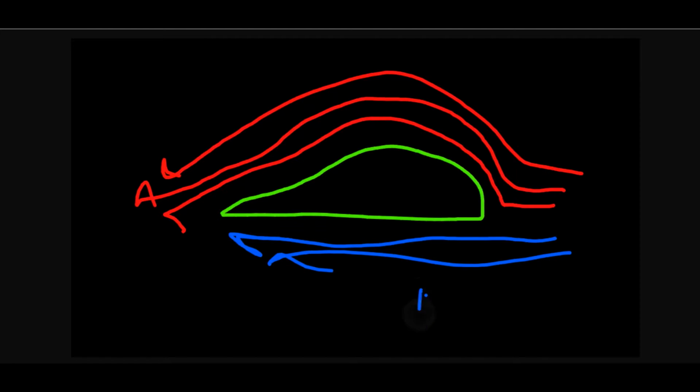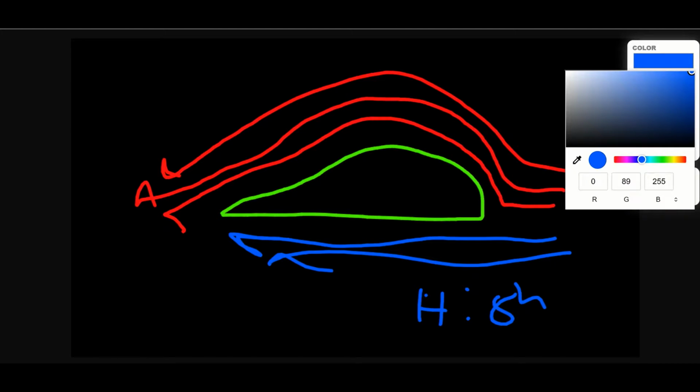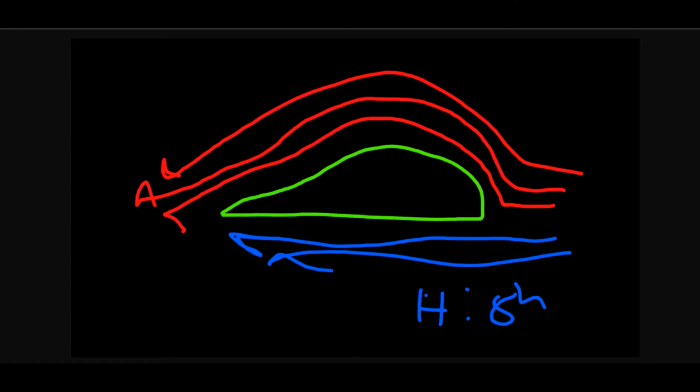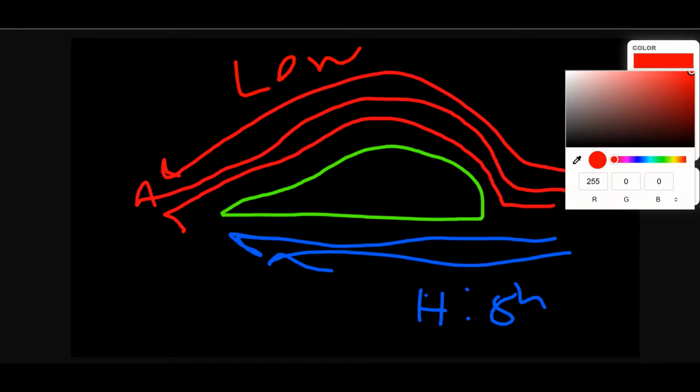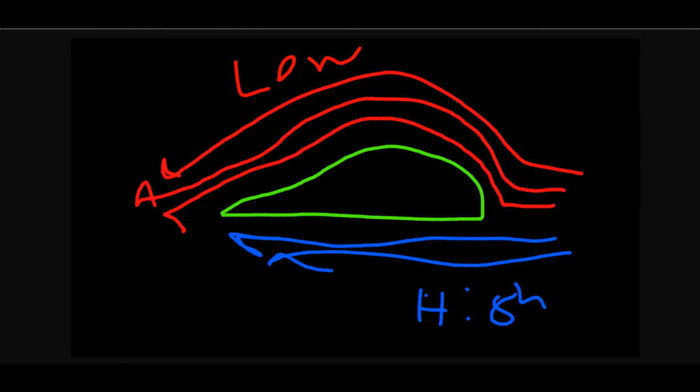On the bottom, we get high pressure air, and on the top, we get low pressure air. If you have high pressure on the bottom and low pressure on the top, which direction does the wing get pushed? Up. Yes, this high pressure pushes up. So anytime we have this airfoil shape, whenever the plane starts moving forward and the air starts moving over it, these two things start happening.